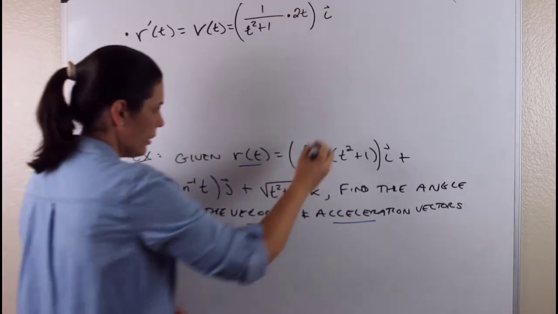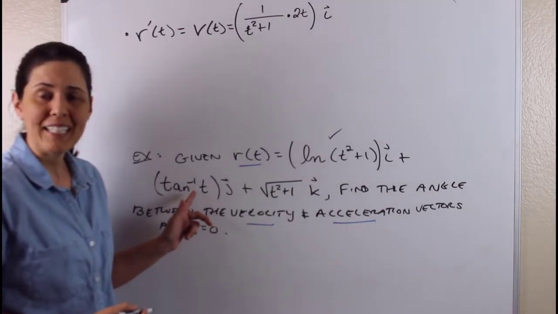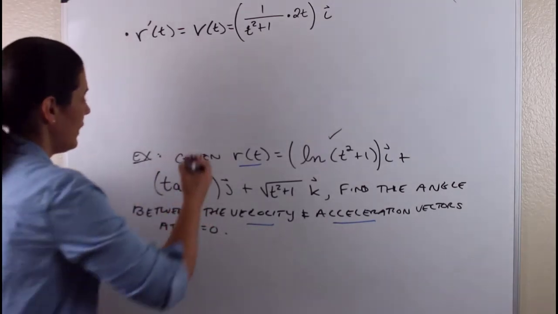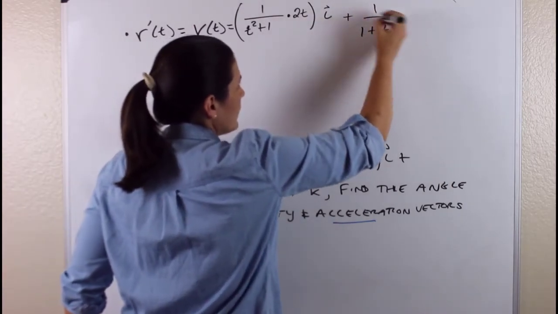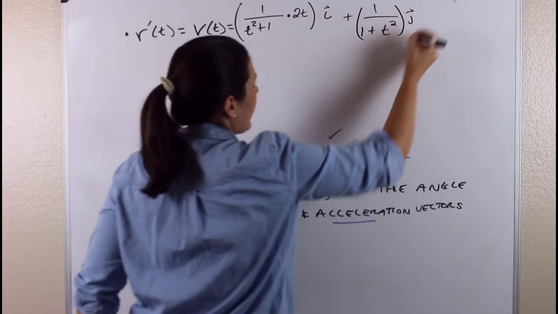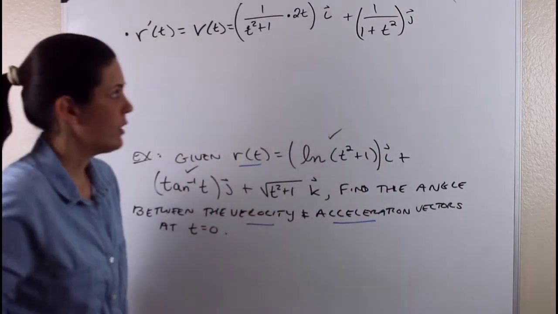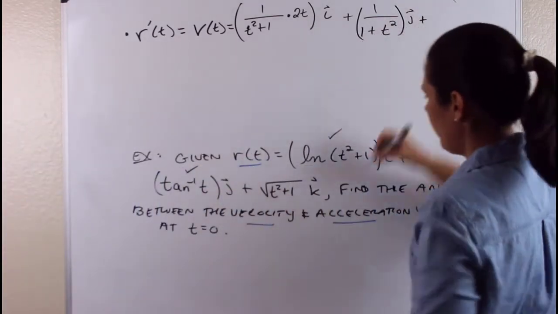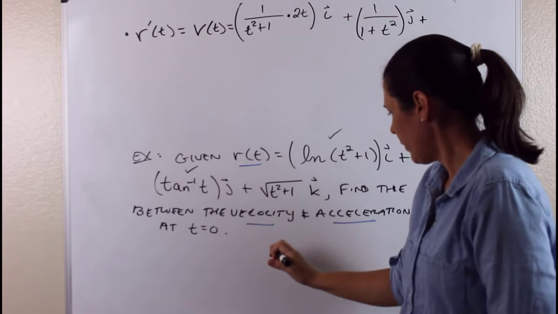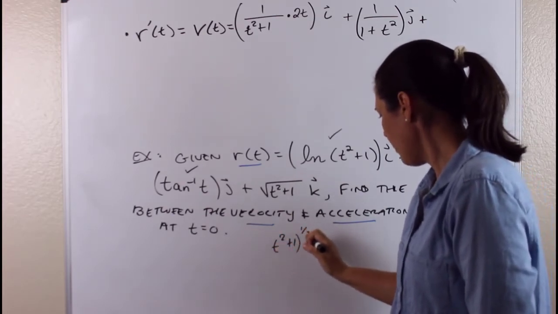Okay, so that part's here. Then tangent inverse. What's the derivative of tangent inverse? So this one is 1 over 1 plus t squared. And that's for j. Alright. And then square root here, derivative of the square root, if I rewrite this, this is t squared plus 1 to the 1/2 power.